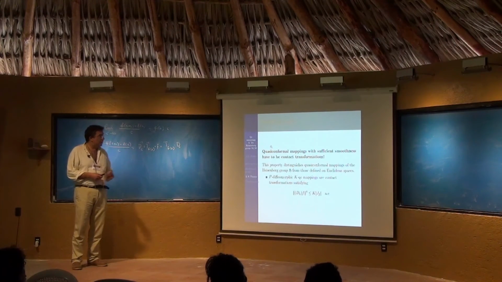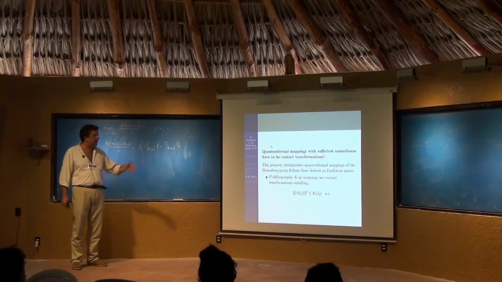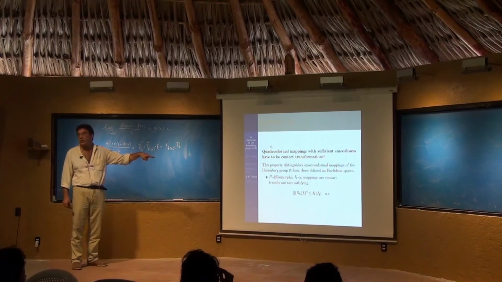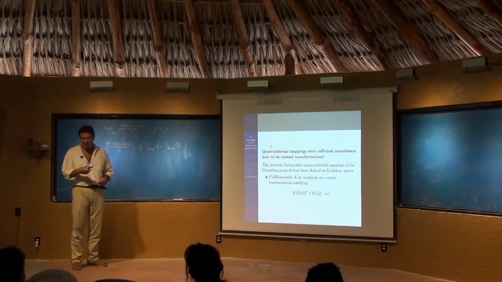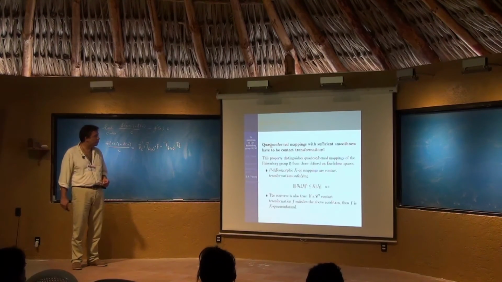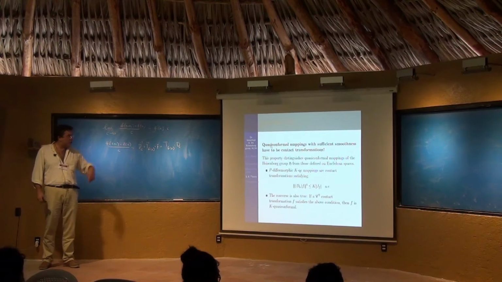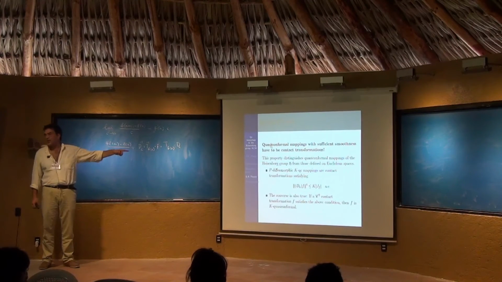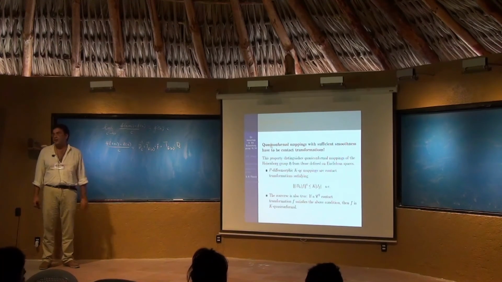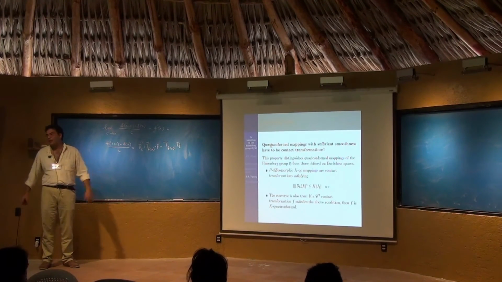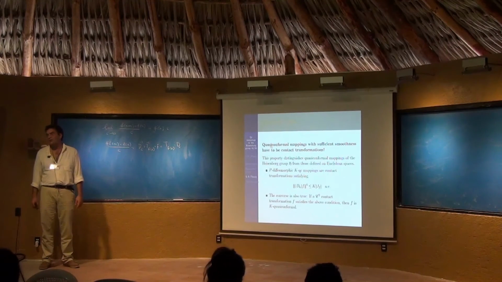So PDE-diffeomorphic K-quasiconformal mappings are just contact transformations with this property. This is a theorem of Pansu. And the converse is also true. If you have a C2 contact transformation which satisfies this condition, then it is K-quasiconformal. So you cannot escape the contact condition.